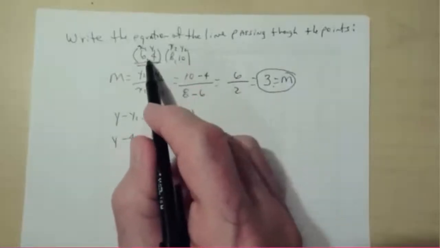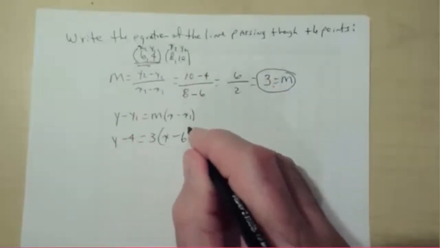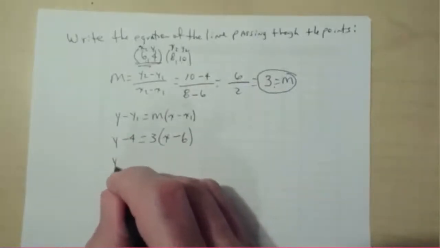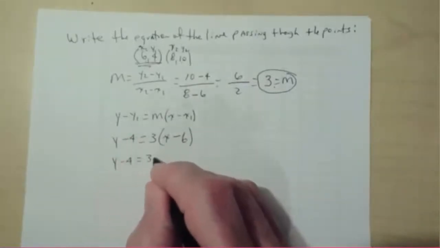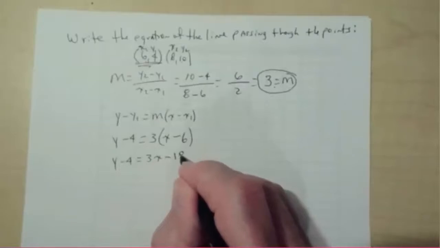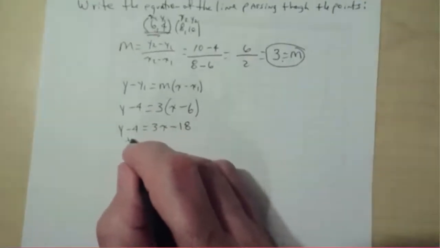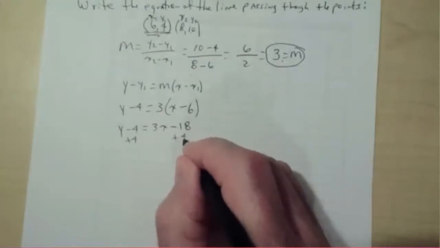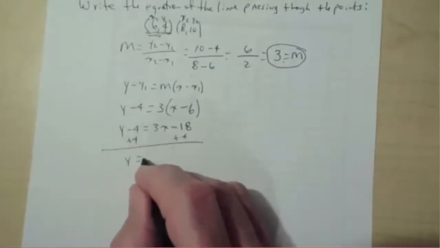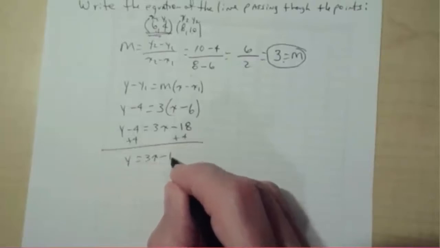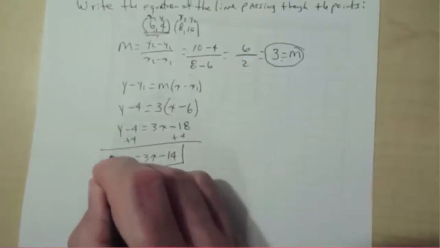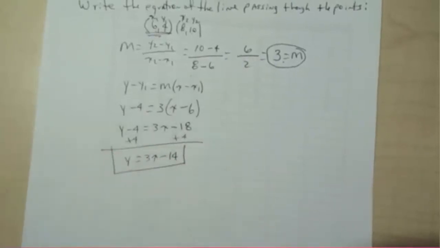Okay, so we have y minus 4 equals 3x minus 18. Right? Right. Now we're going to add 4 to each side. Y equals 3x minus 14. Right? Right. What could be more fun?